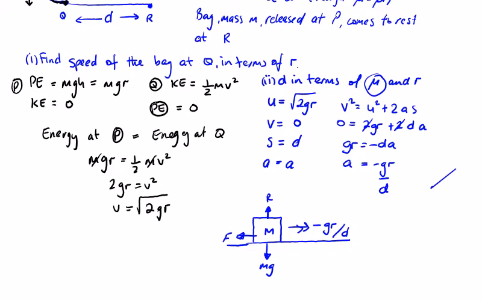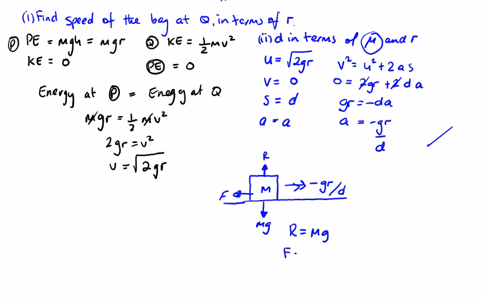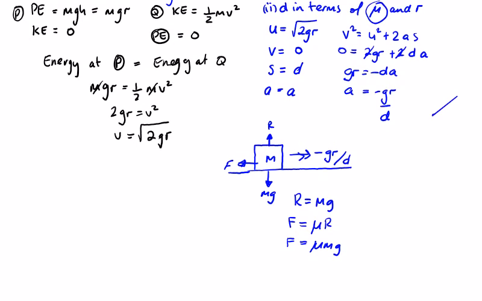So we can say definitely that R is equal to mg, F is equal to mu times R, so F is equal to mu mg. Okay, so it's going in this direction, and we don't have a driving force, so the only force is the backwards force here, so it's going to be minus F, so minus mu mg is equal to ma, m times minus gr over d.